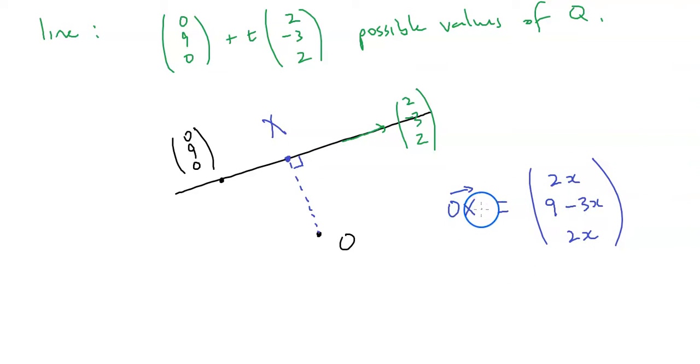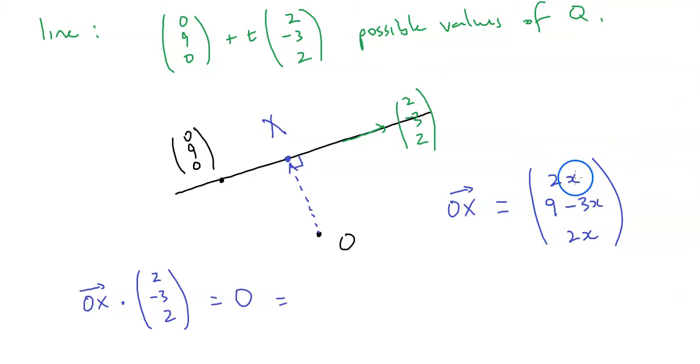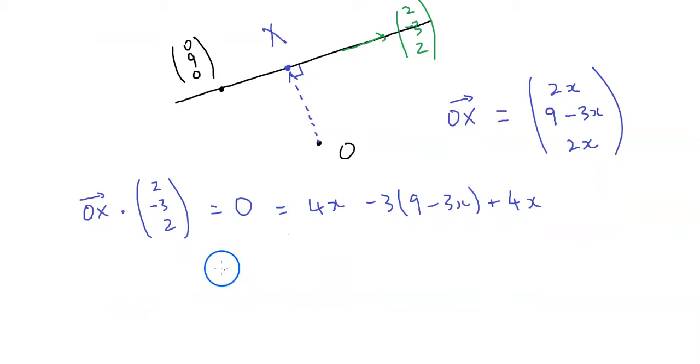Okay, so it takes this form here, but we also have OX dotted with 2, negative 3, 2 is equal to 0, and it's also equal to 2x times 2, so 4x, minus 3 times 9 minus 3x, and then plus 2 times 2x, so plus 4x. Okay, so we got 8x minus 27 plus 9x.